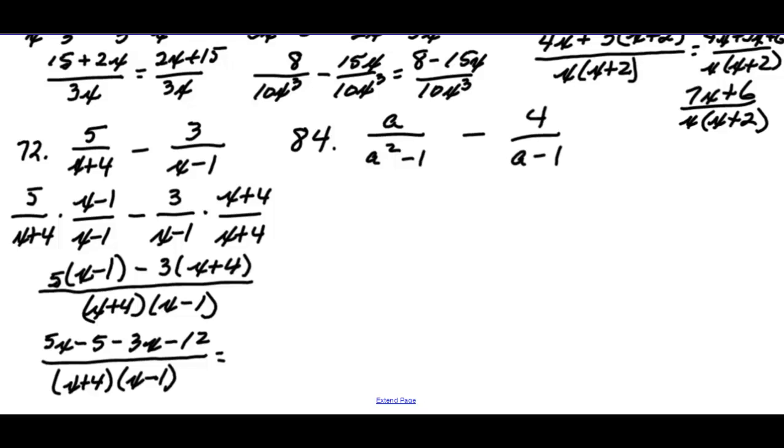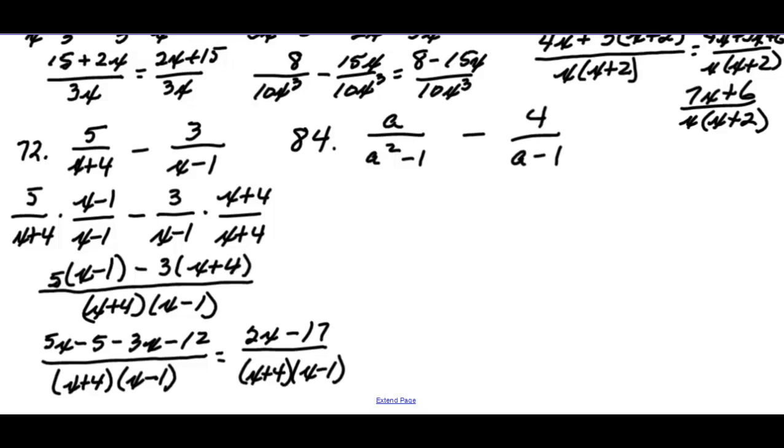But you just really can't do that. You need to write all the steps, because not doing so leads to errors. I mean, you can make errors without shortcutting, but when I take my like terms of 5x minus 3x, I get 2x. And my like terms minus 5 and minus 12, I get minus 17. And then I get x plus 4 times x minus 1.